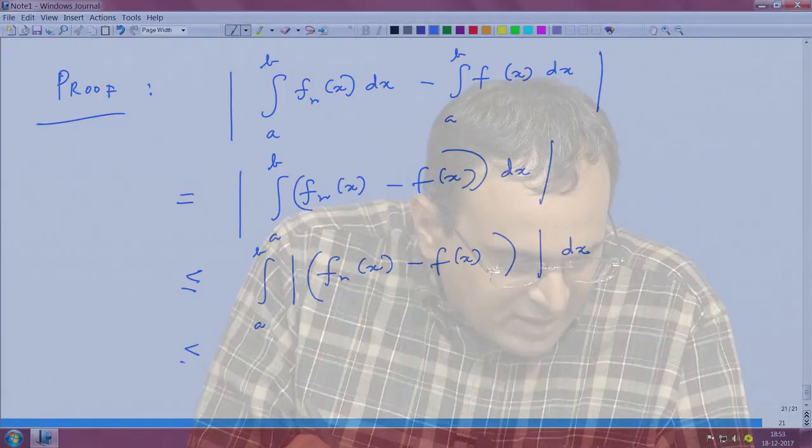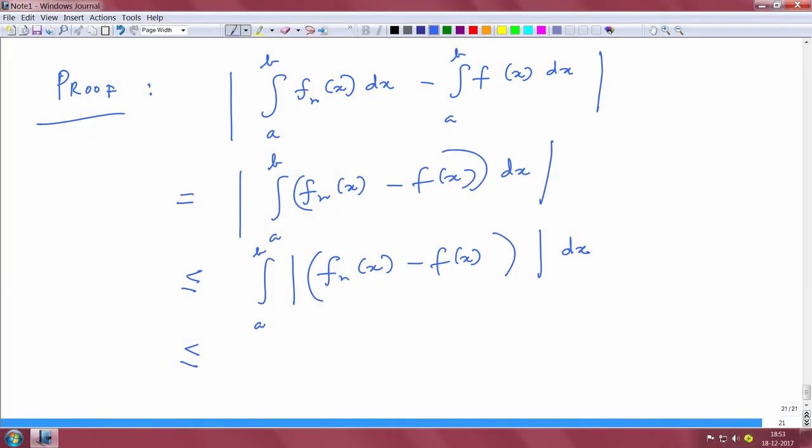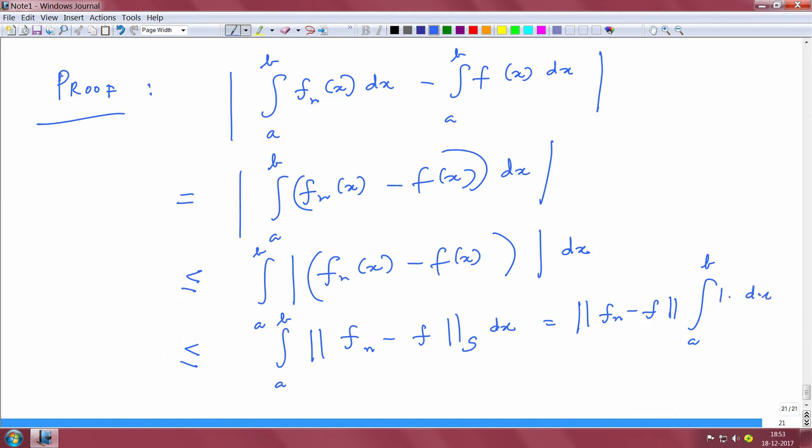And because there is uniform convergence, I can write this as the integral from a to b, the supremum exists, and I can pull the supremum outside, because this is just one quantity which is the maximum over all x belonging to that set, where S is a subset of R. Now I can get the supremum outside.